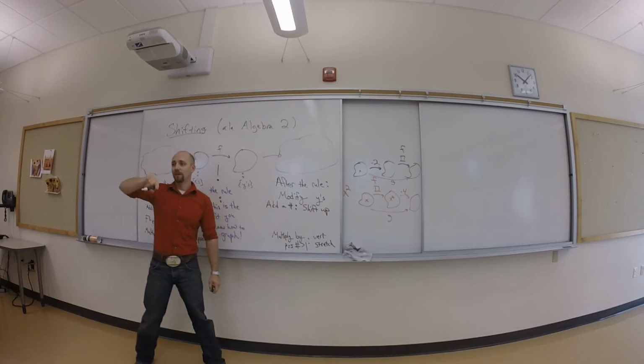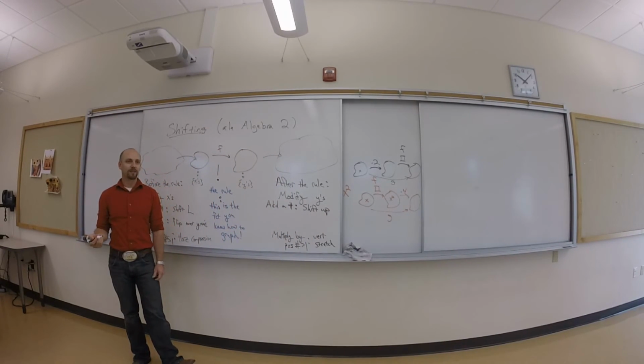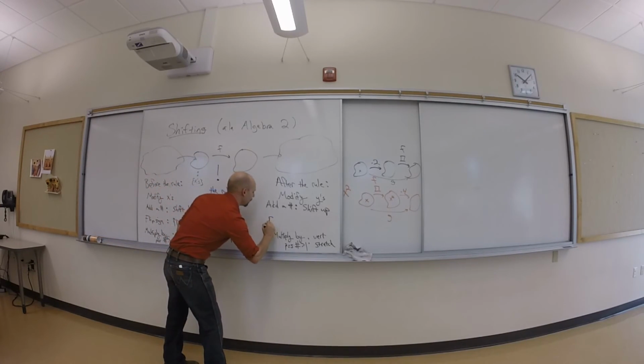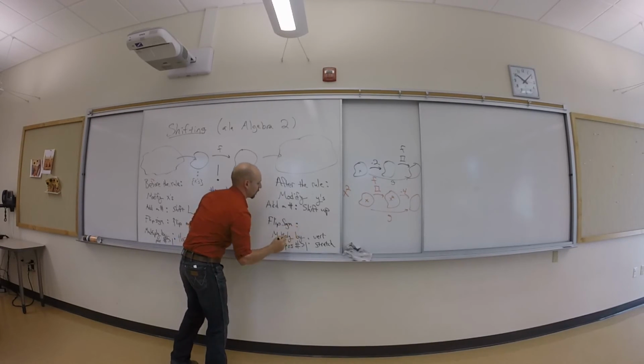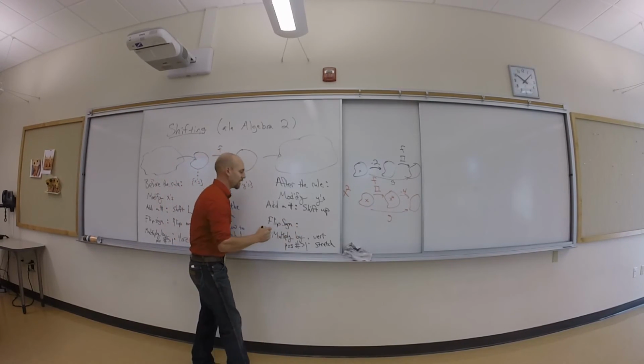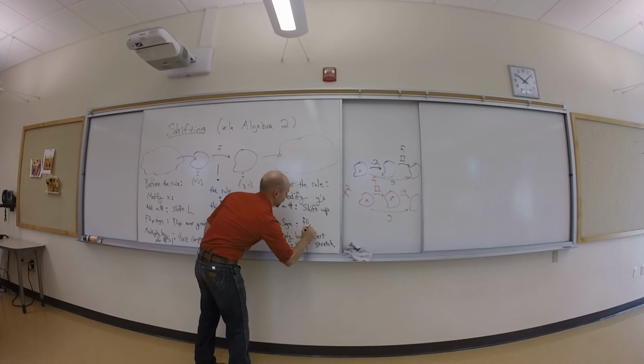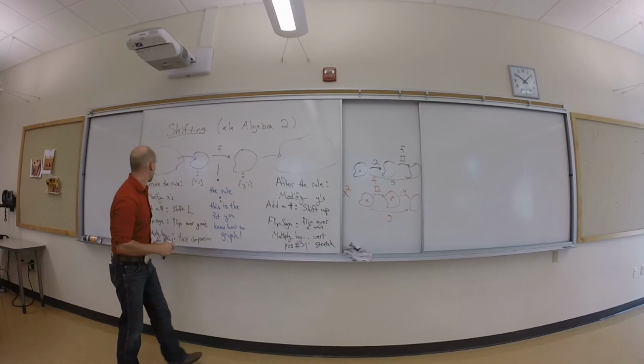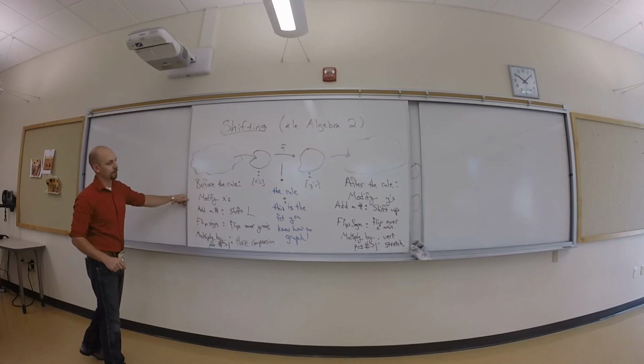How do I get down? Add a negative number or subtract a number, right? And then what happens if you flip sign? It flips over the x-axis. Cool. So there's your whole set of shifting rules.